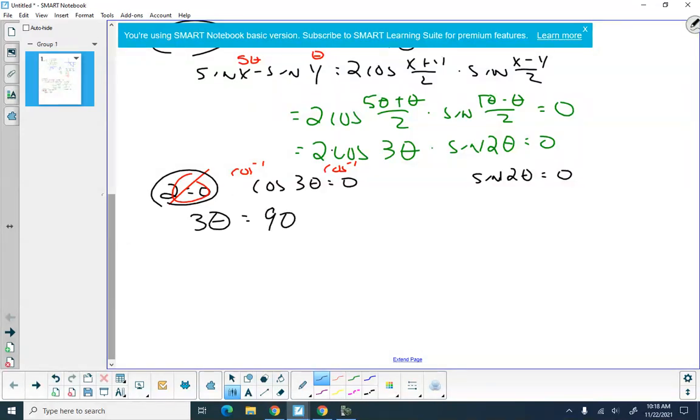So we take the inverse cosine of 0, which is 90. But since we take the inverse cosine, we get a second value, which is its opposite. Inverse cosine, we do principal value and its opposite. We can divide by 3.